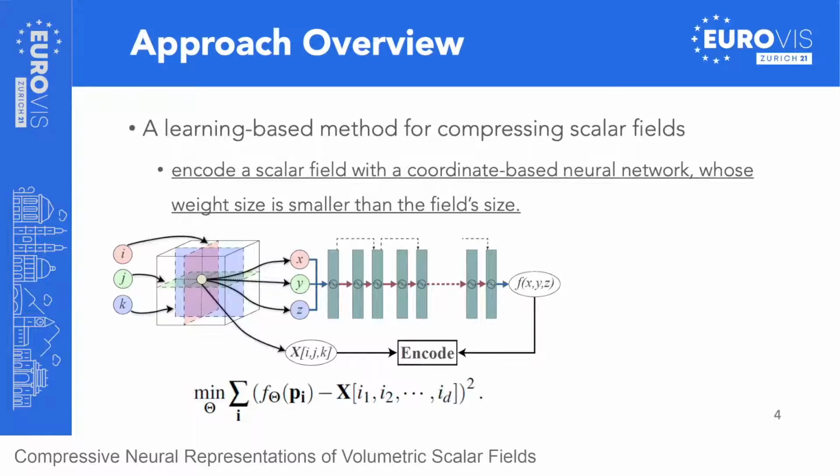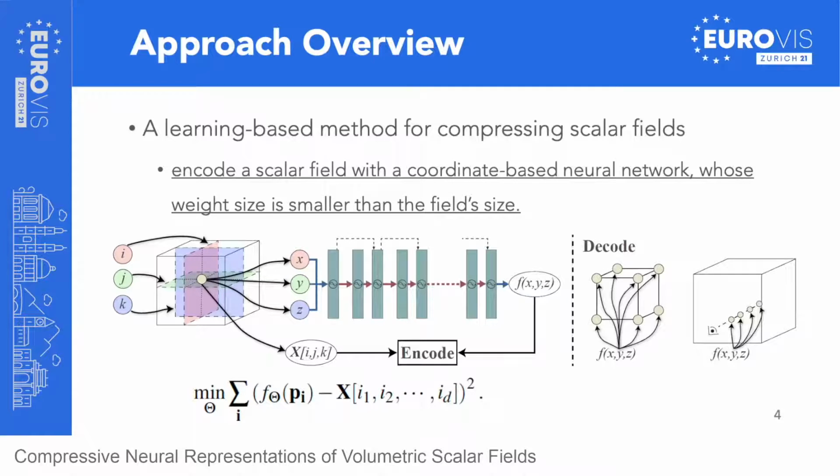In this loss function, when the subscript d equals 3, this represents a scalar field whose domain is a 3D Cartesian coordinate system, while d equals 4 may represent a time-varying scalar field in 4 dimensions. During the decoding step, we can reconstruct the sampled field simply through function evaluation, where the input can be either grid vertices or arbitrary positions.